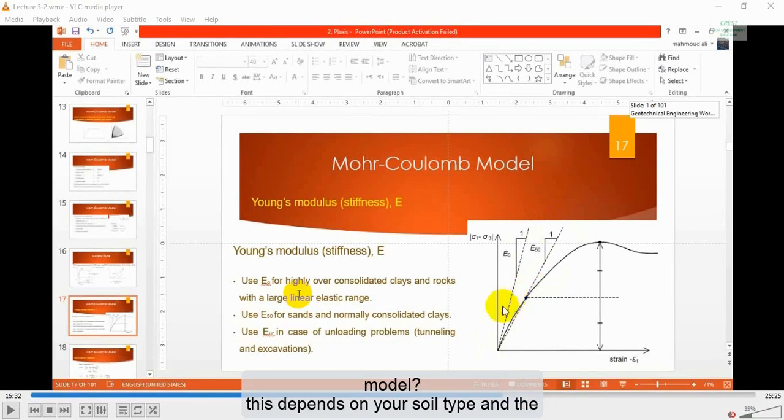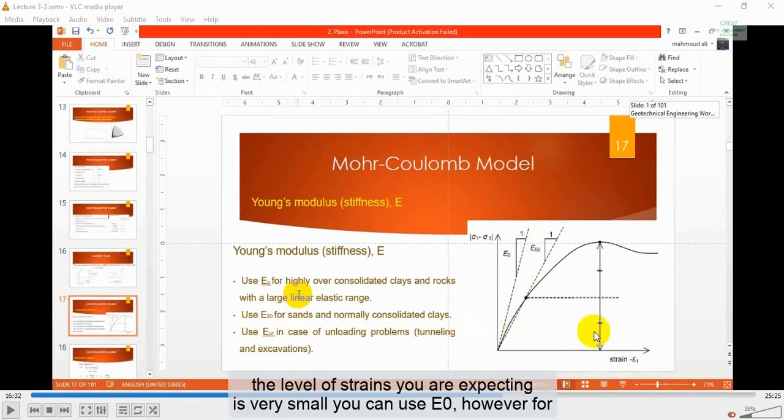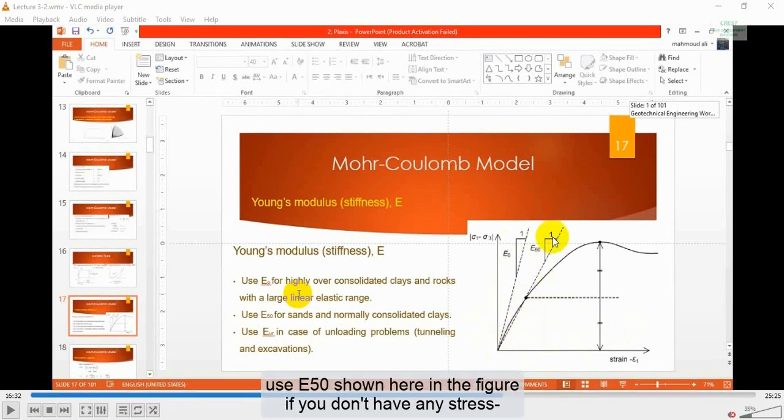This depends on your soil type and the level of strain you are expecting. So, for highly over-consolidated clay and rocks, or if the level of strains you are expecting is very small, you can use E0. However, for sand and normally consolidated clay, or when your level of strain is moderate, use the E50 shown here on the figure.